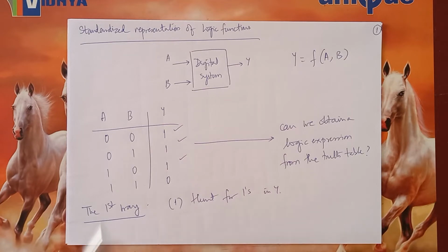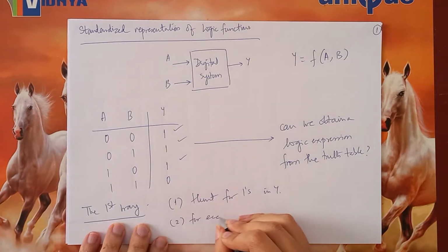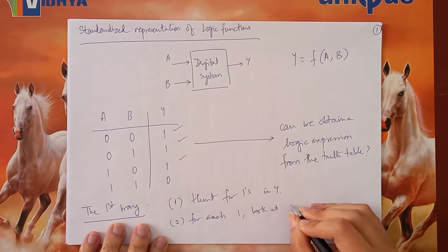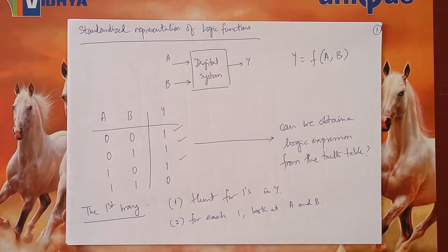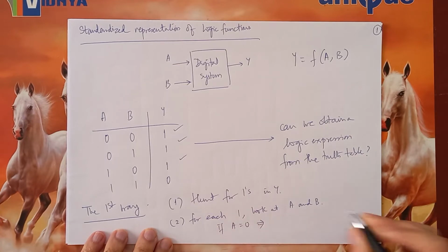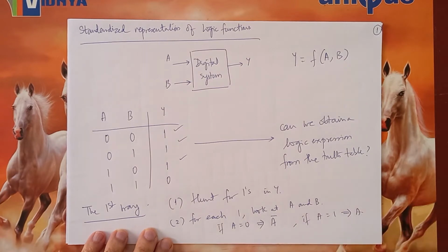And then, for those 3 rows, look at what is A and B. When you are looking at A and B, if A is equal to 0, it indicates A bar, and if A equals 1, it indicates no bar.